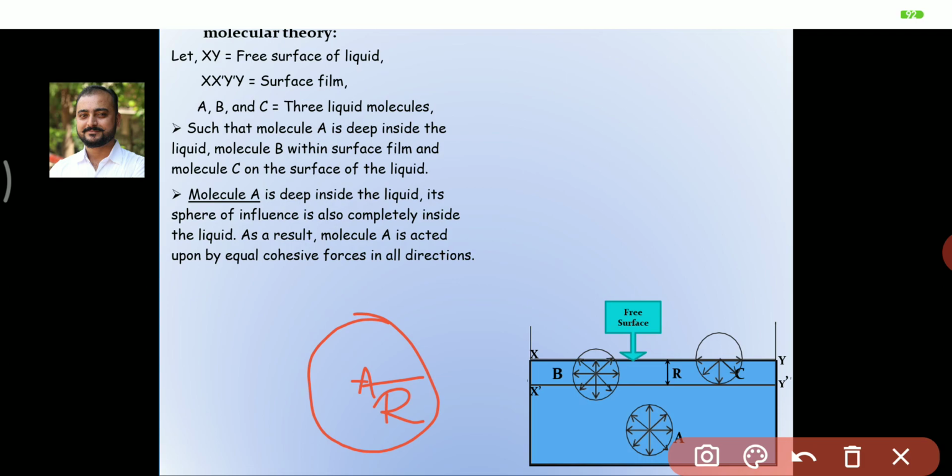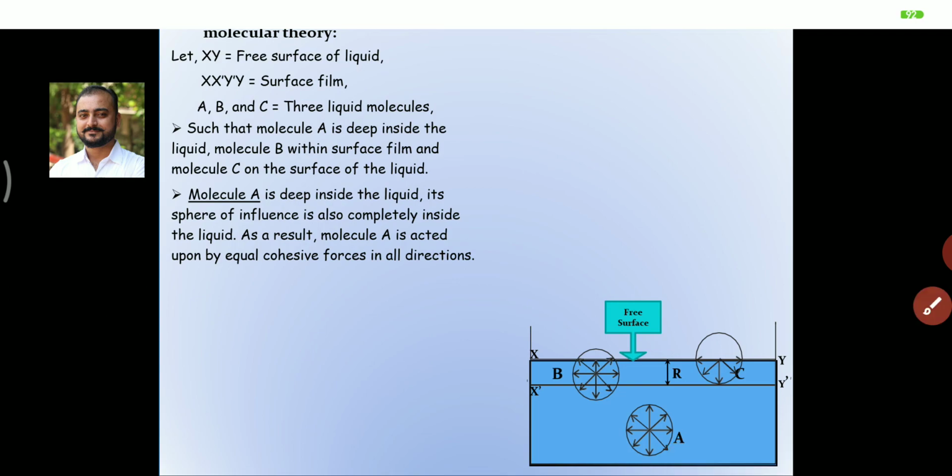So such a situation is indicated here. That is nothing but the molecule A, which is deeply inside the liquid and surrounded by all liquid molecules. Now as you draw the sphere of influence, it will be observed that this molecule A is surrounded by liquid molecules all around it.